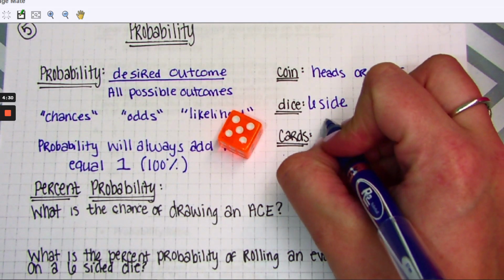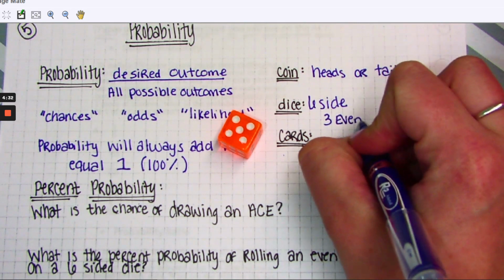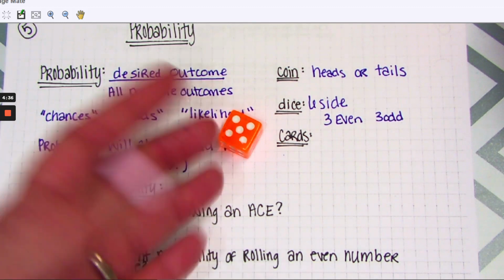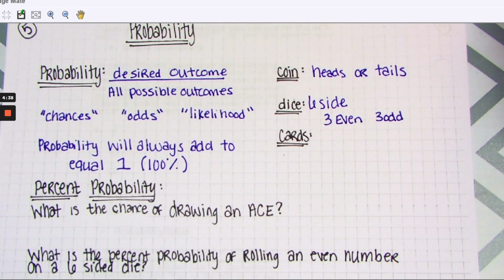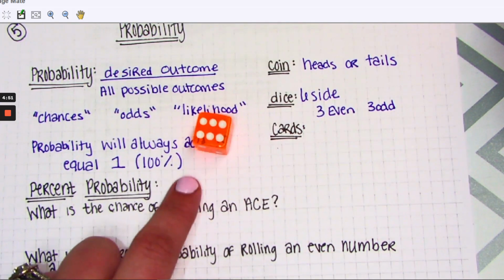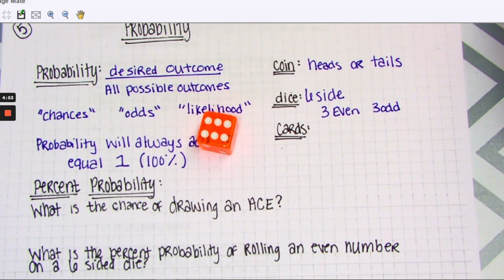There are 3 even numbers, and there are 3 odd numbers. You have to make sure that you know that. It's going to ask you, on a normal 6-sided die, what is the probability of rolling an even number? 1 out of 2. Like 3 over 6, which reduces to 1 over 2. So you have to understand dice and how they work. You can't take one into the ACT.